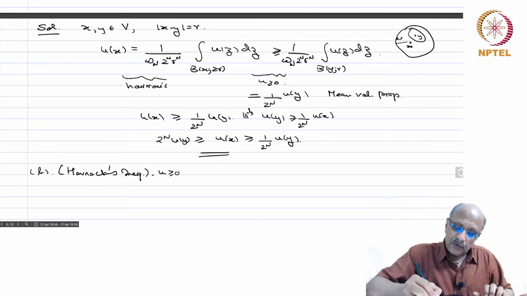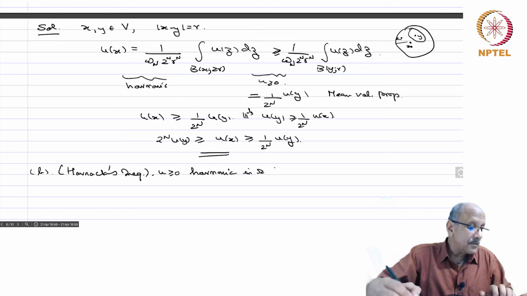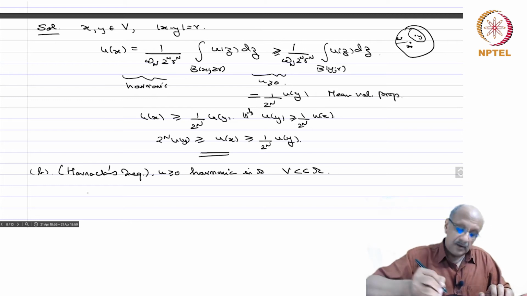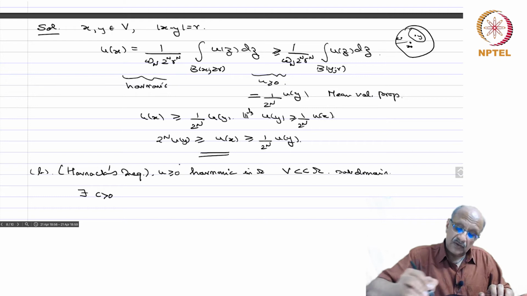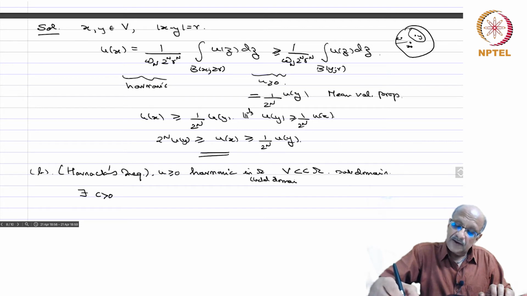Let u greater or equal to 0 be harmonic in omega, and V relatively compact in omega, where omega is a bounded domain, which means it is connected.